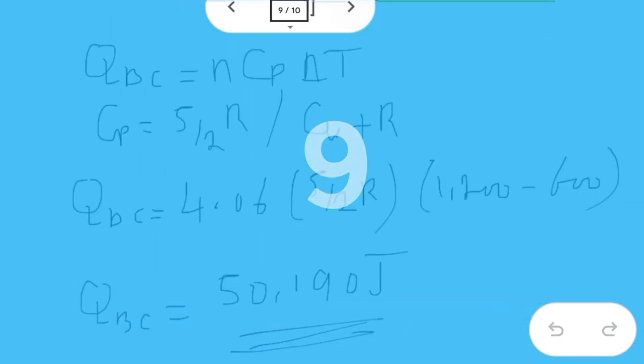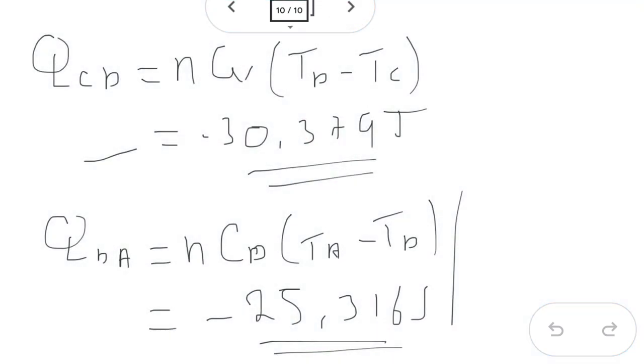Now that we have obtained all the heat inputs and the heat outputs, we can sum up. Let's find the total heat input for the system and also the total heat output of the system. For the total heat input, we're just looking for those positive values, which are regarded as the heat added to the system.